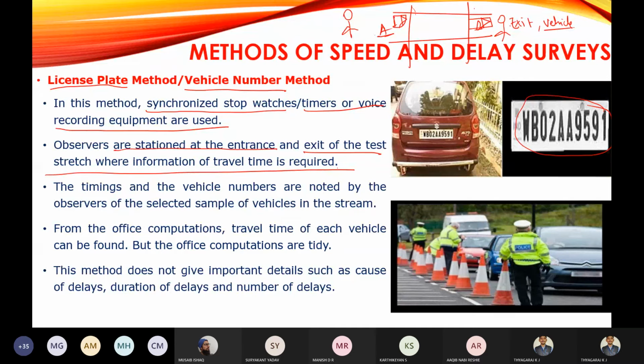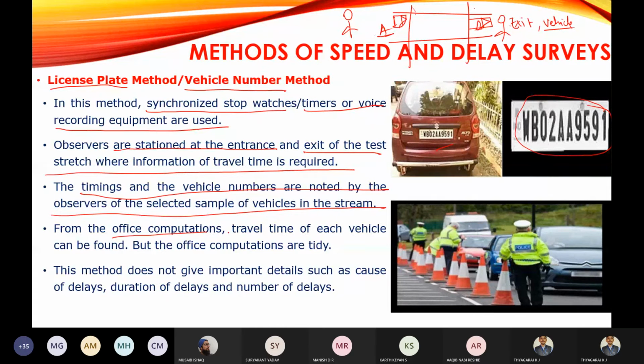With the help of the police, you stop the vehicles and record the readings. They will not note down all categories of vehicles, only some selected categories, recording the time of arrival and the registration number.